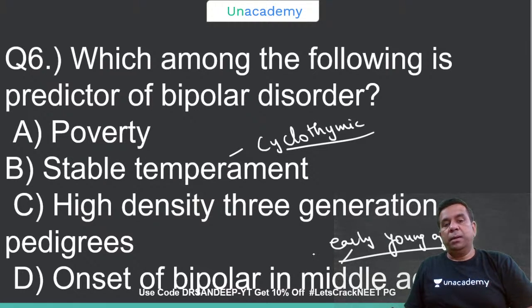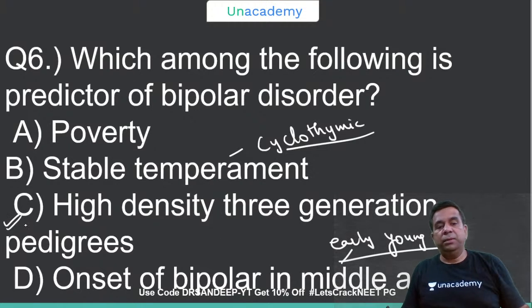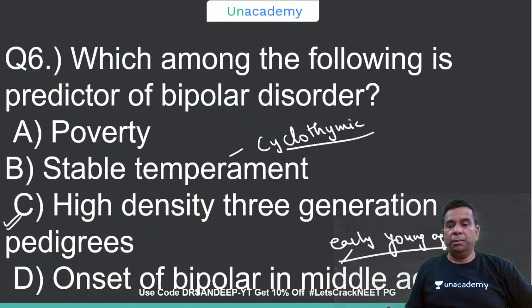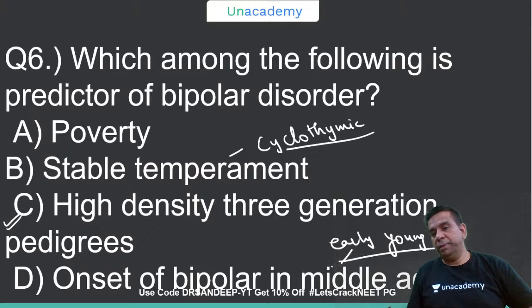But in this question the answer would be C, high density three generation pedigree showing bipolar disorder. Onset in middle age, poverty is no way, cyclothymic temperament, so the answer is C.